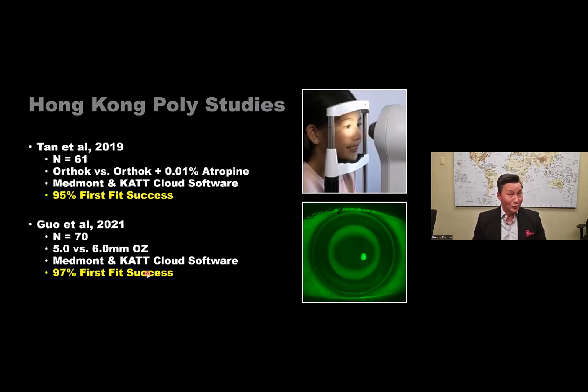Now, do I presume that you'll get to 97%? I don't, and the reason for that is that this was a controlled study, so they would choose their candidates very carefully. There'd be a tight range of RX, a tight range of eye shape and astigmatism and such. But can you achieve a high first fit success? Yes, you can. That's the strength of this tool, both its efficiency, but also its accuracy.